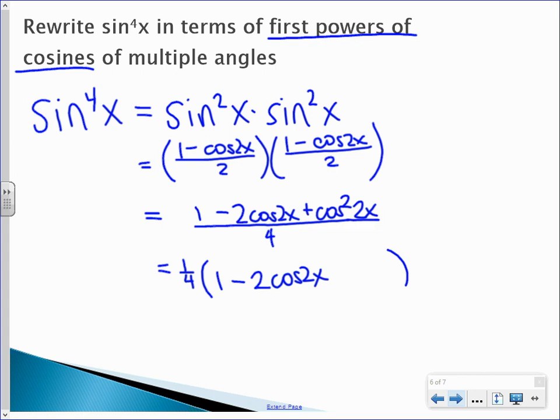Now, since our angle is 2x, however, when we apply the cosine power reducing formula, we are going to have to write 1 minus cosine of what angle?